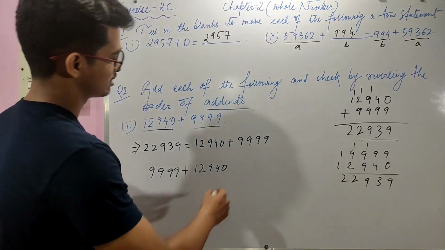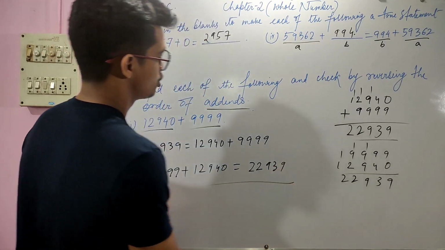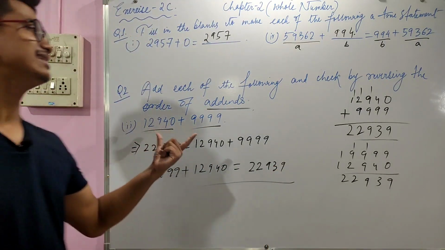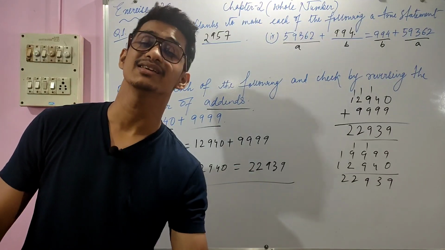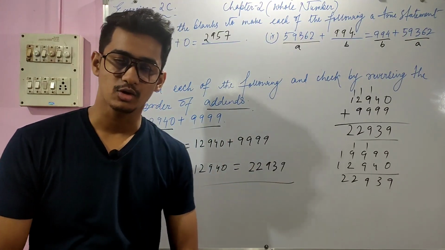So in that case also the number will be absolutely same. So this question is basically asking whether you know the law of commutativity over addition.